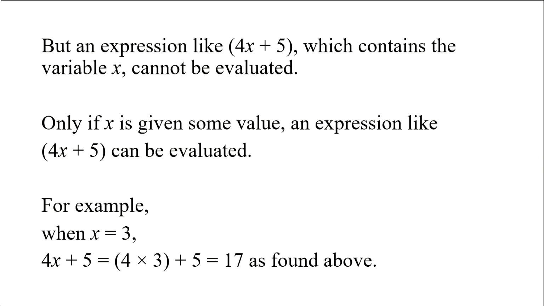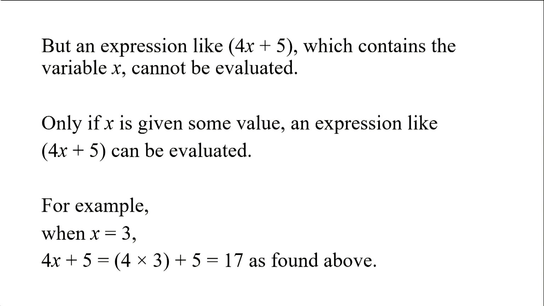But an expression like 4x plus 5, which contains the variable x, cannot be simplified like what we did in the earlier case. It cannot be evaluated. Only if x is given some value can an expression like 4x plus 5 be evaluated or simplified.